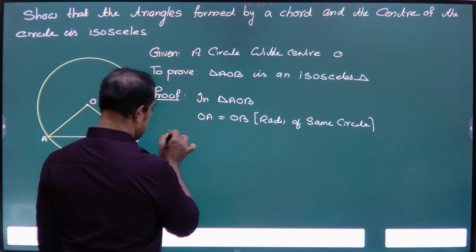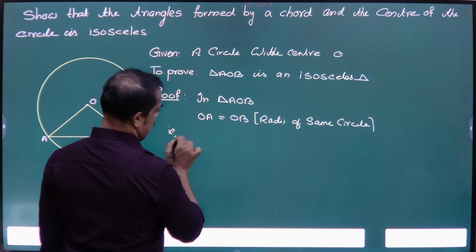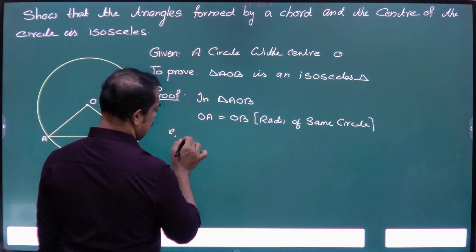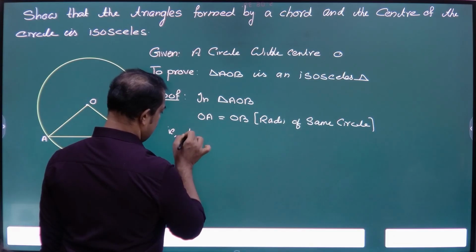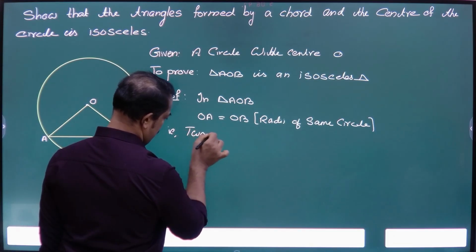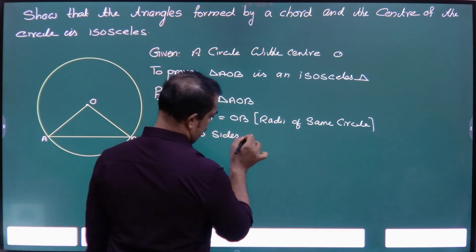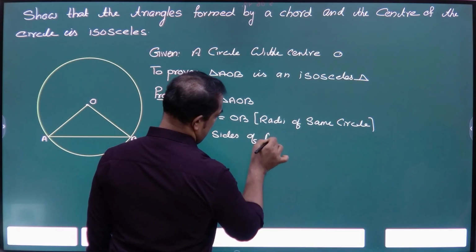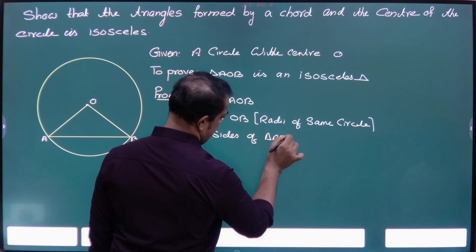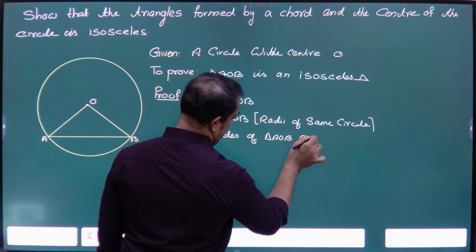That is, two sides of triangle AOB are equal.